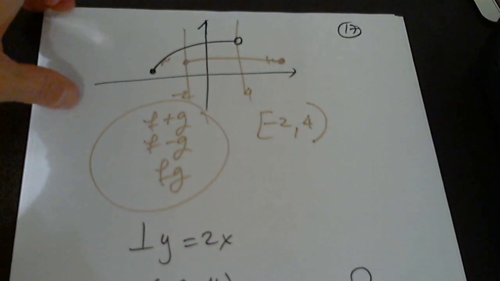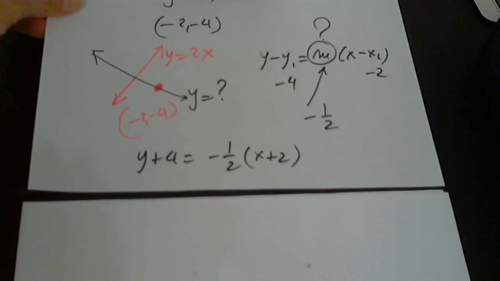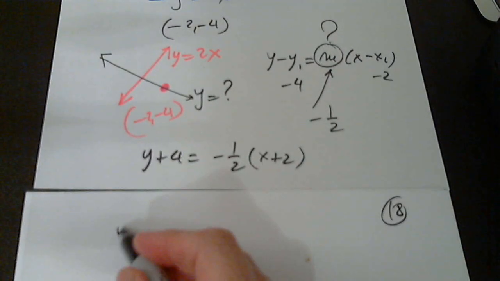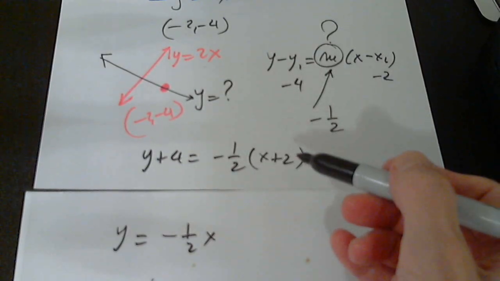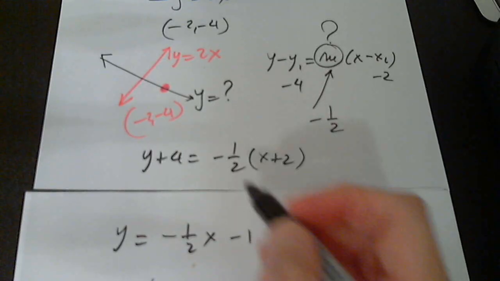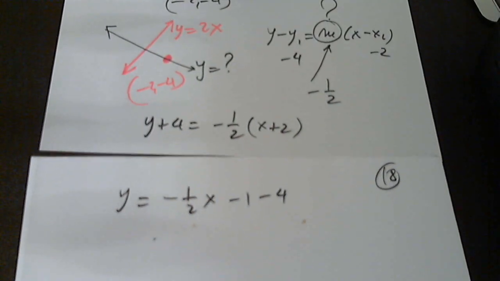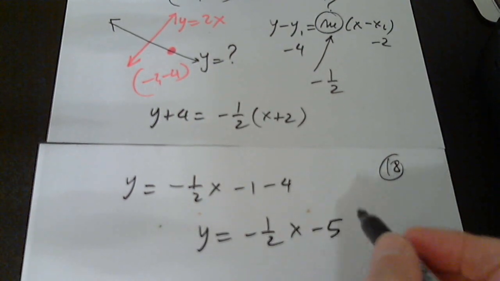I distribute. Y equals -1/2 x. -1/2 times 2 is -1, and I bring the 4. Of course, I have to change its sign. So the final form is y equals -1/2 x minus 5.